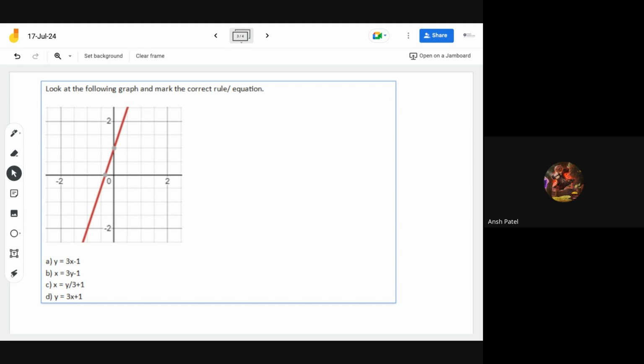It's 0, 1. So it'll be y equals something plus 1. It's positive, so it's above the origin, not below the origin. So it can't be A or B. And C is division, so it can't be that either. So it's D.